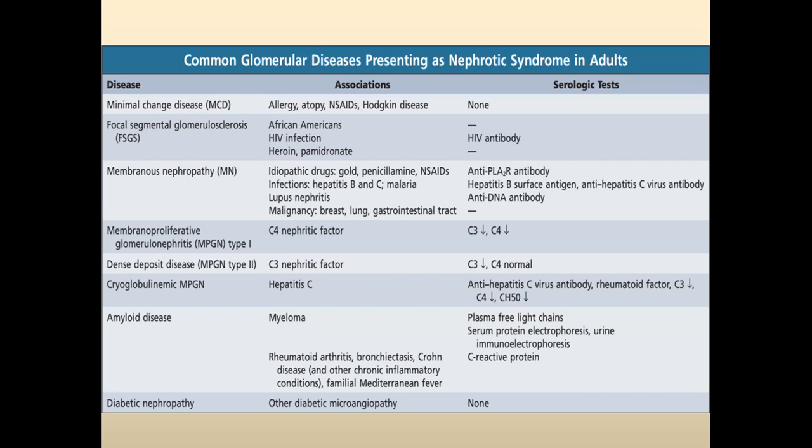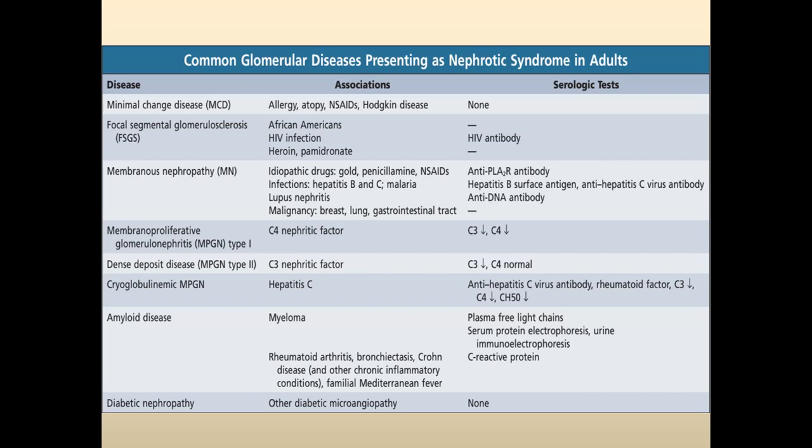Focal segmental glomerulosclerosis is associated with African Americans, and most commonly HIV infection can lead to it. Heroin and pamidronate drugs can also lead to focal segmental glomerulosclerosis.